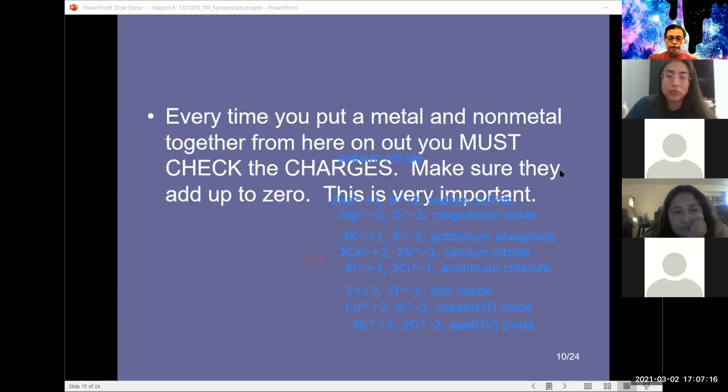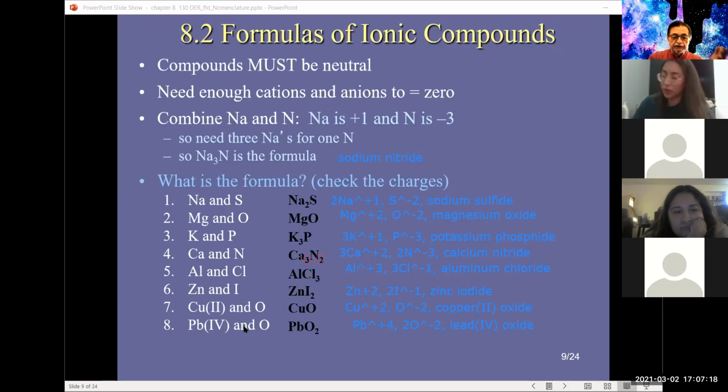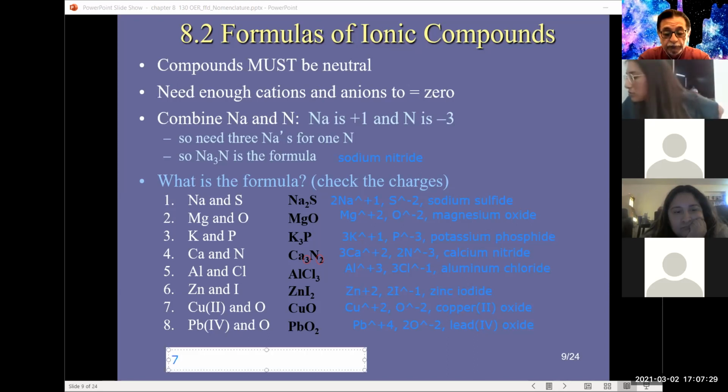Very important, because let's do another example of number 7. What if you were given 7A, and they said Cu and O?